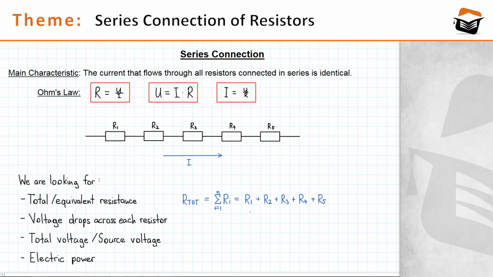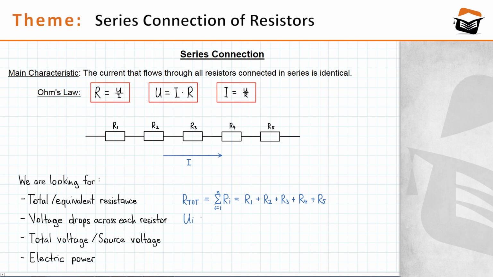Okay, the voltage drops across each resistor. I will label the voltage drops, or the voltages, as U_i. The subscript i refers to each individual resistor.